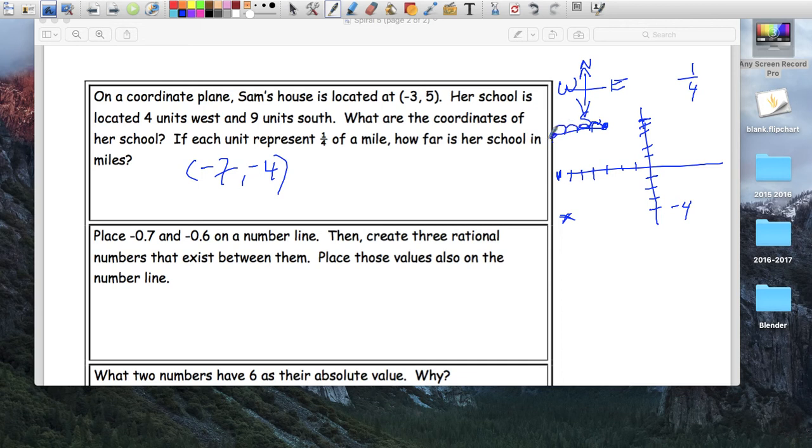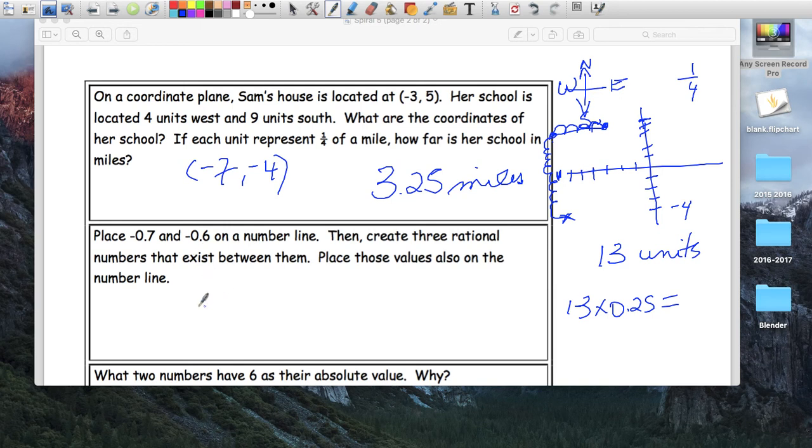A total of 13 units, and it says that each unit is 1/4 of a mile, or 0.25. So 13 times 0.25 equals 3.25 miles. So 3.25 miles is her distance.